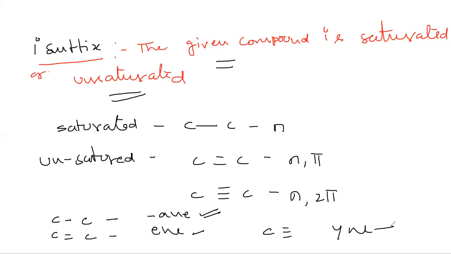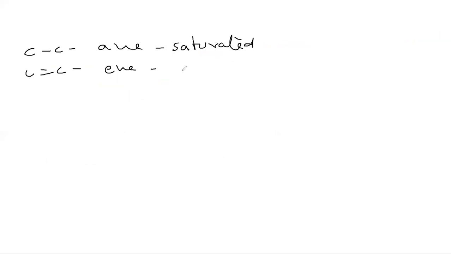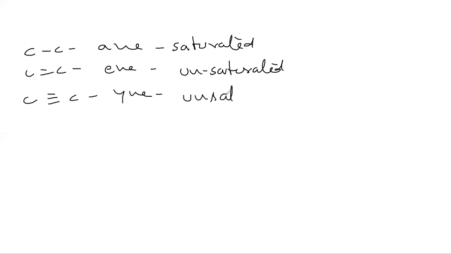C single bond C is saturated, indicated with ane. C double bond C is ene, unsaturated. C triple bond C is yne, also unsaturated.